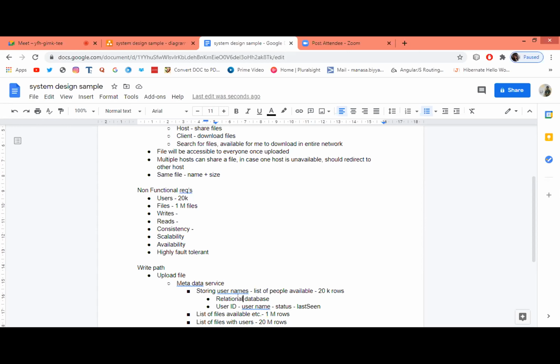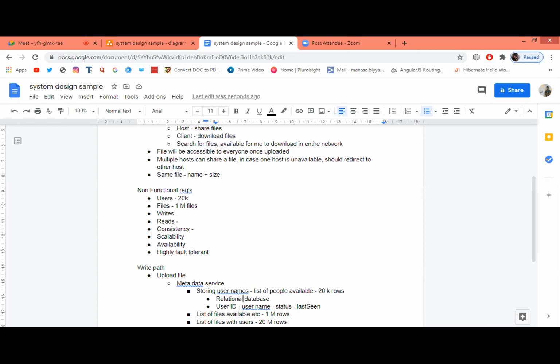So this should be available in each and every server component of the application, in each of the user's machines. Because there's no centralized server, this information will be propagated as the system evolves.